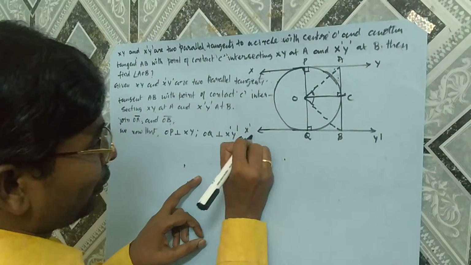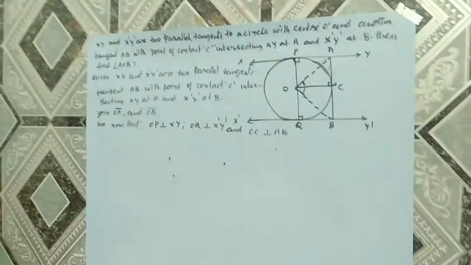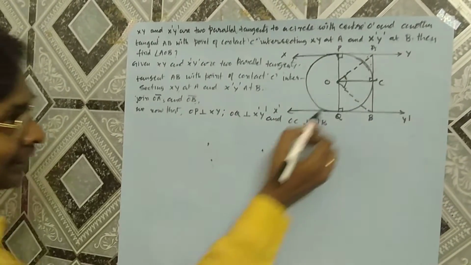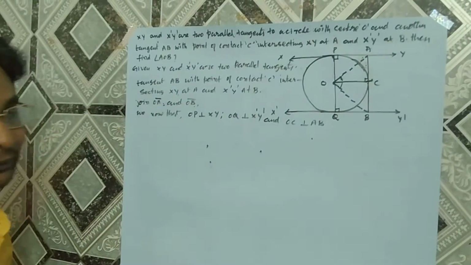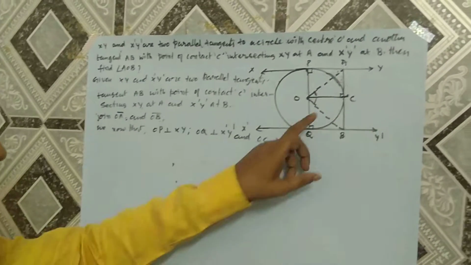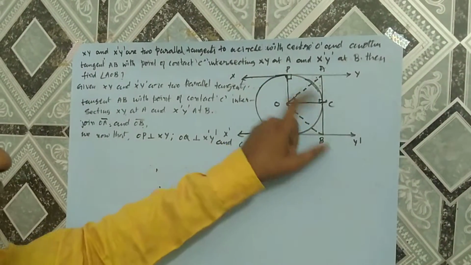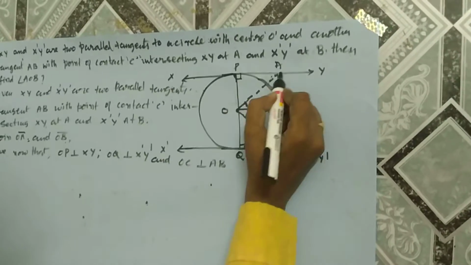And OC is perpendicular to AB, so it will be 90 degrees. Clearly, we can see here it is 90 degrees and 90 degrees.